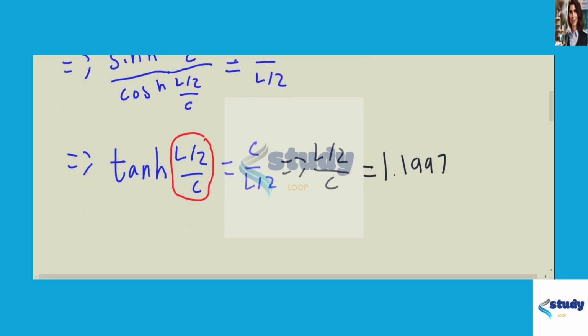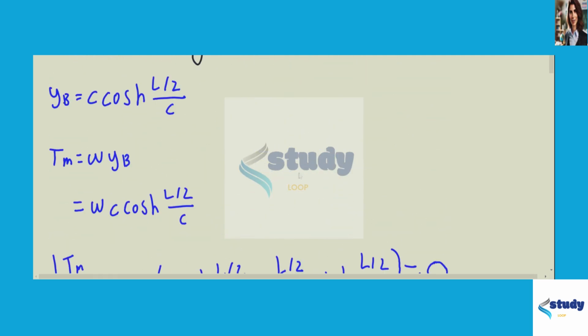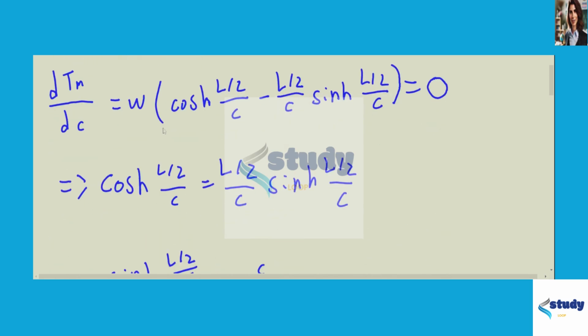So we can take this numeric answer and plug it into the equation for y of B here. And we're going to divide by C on both sides to get a numeric answer on the right side.